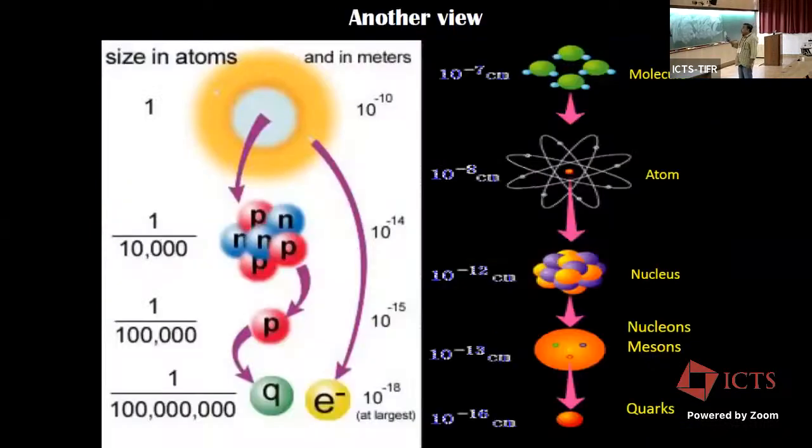But now if you look at this scale, if you go from electron size to quark size and compare with atoms or molecules, you see that there is a huge gain of the order of 10 to the 8 or 10 to the 9 in size, right? So that means if you want to probe similar kind of physics using atoms or molecules, you don't need that much energy.